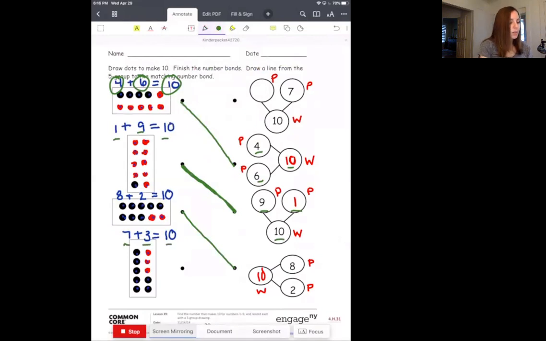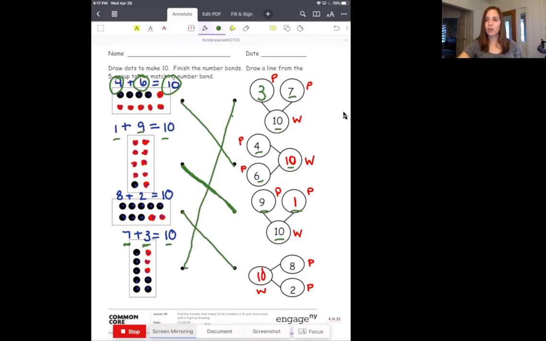So let's look up at the top. Oh, we see a 7 and 10. Well, is 10 our whole number? Is that the big number that you see? Yes, we have a 7. That means our next part must be 3. Let's check them out. 7, 3, 10. 7, 3, 10. I like it. You can connect him over here.